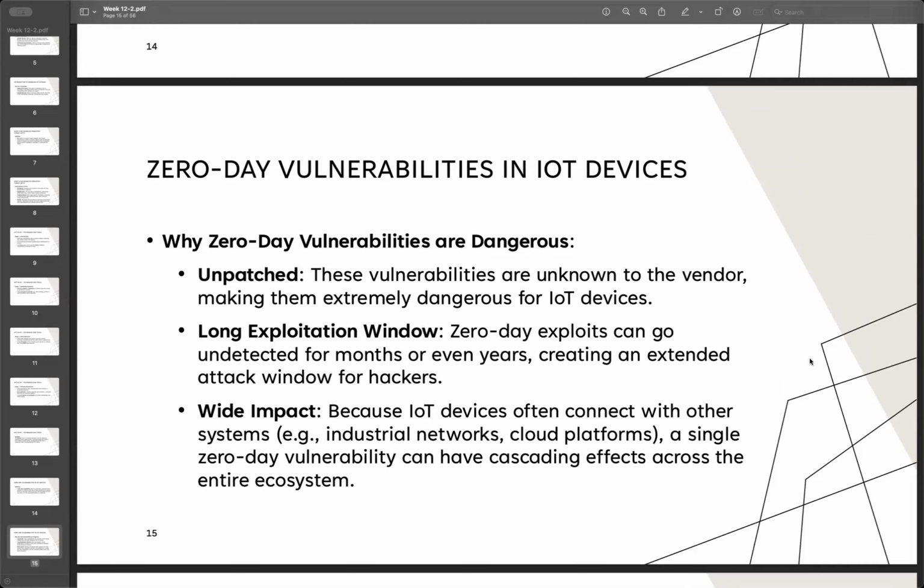Also, for long exploitation, zero-days can go undetected for months or even years, creating an extended attack window for attackers. We also have a wide impact, because smart devices are often connected to other systems, whether in an industrial network, a car platform, or your home. So a single zero-day vulnerability can have a cascading effect across the entire ecosystem.